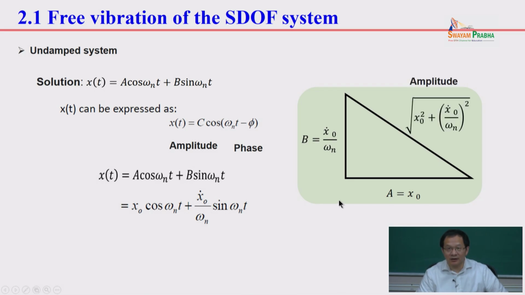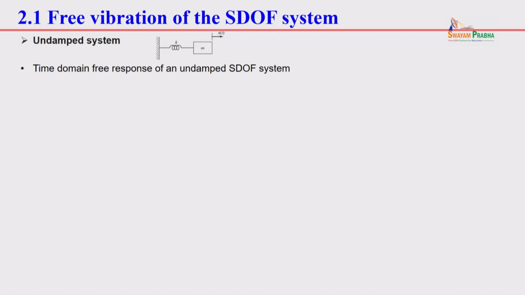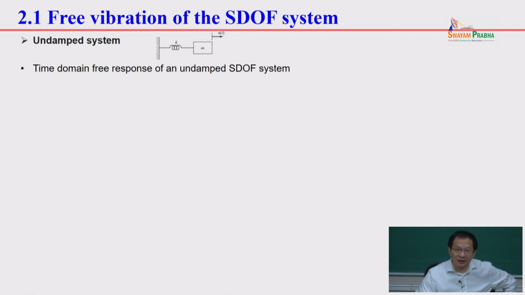You can write the amplitude as C, and this is the phase. So this is the single degree of freedom vibration system, with amplitude and phase. And that is the time domain. What does it look like?